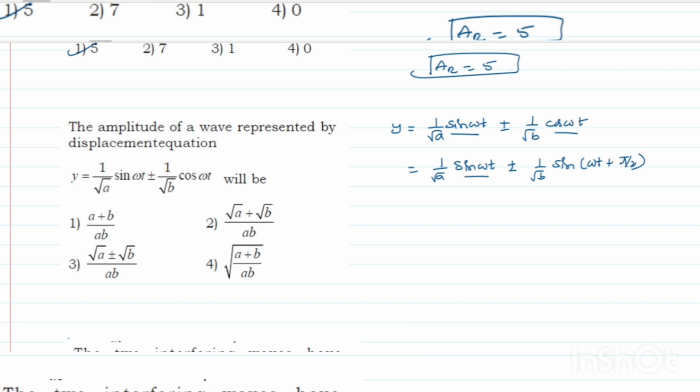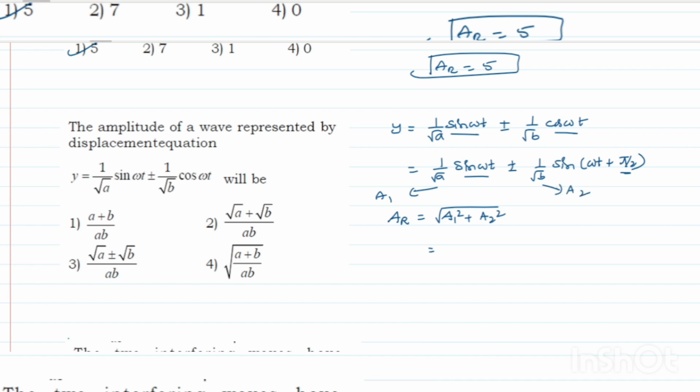Now these two waves will be superimposing with a phase difference of pi by 2. The resultant amplitude you can write as the square root of a1 square plus a2 square. This amplitude you can take as a1 and this wave amplitude as a2.